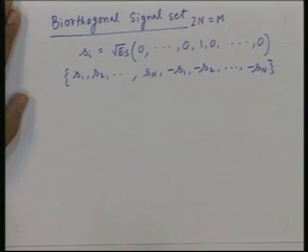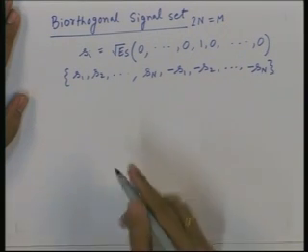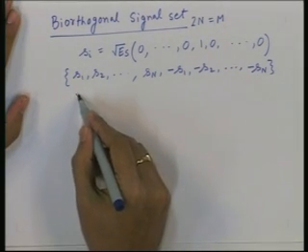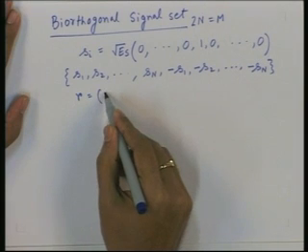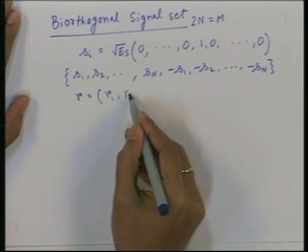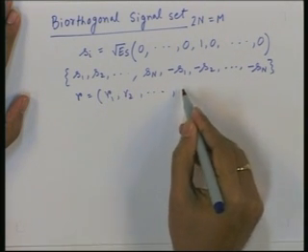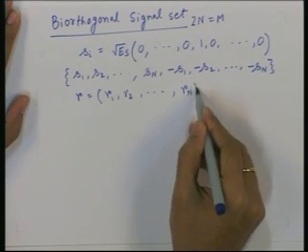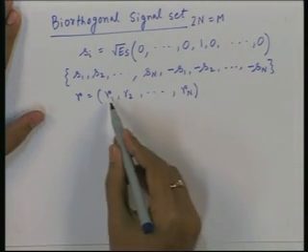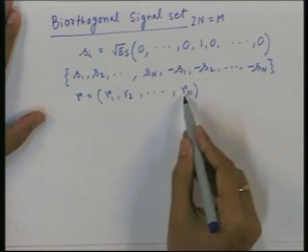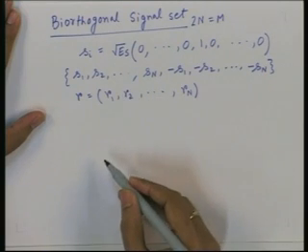We simply take the received vector R, which has N components R1, R2, to RN, then see which of these components has maximum absolute value.